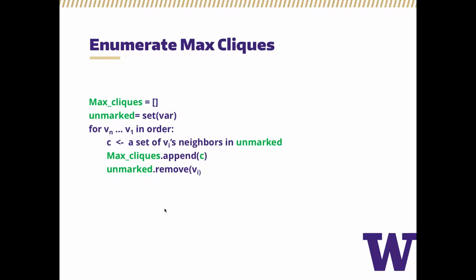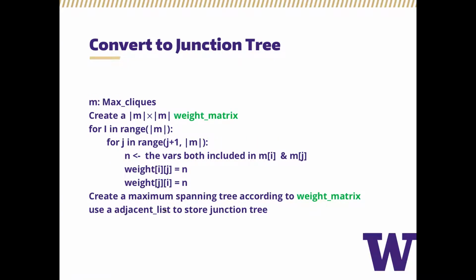And then is to enumerate max cliques. Like the triangulation step, I follow the reverse elimination order. In each step, a variable will be chosen and it can form a max clique with its neighbors. With these max cliques, I can create an m by n weight matrix.